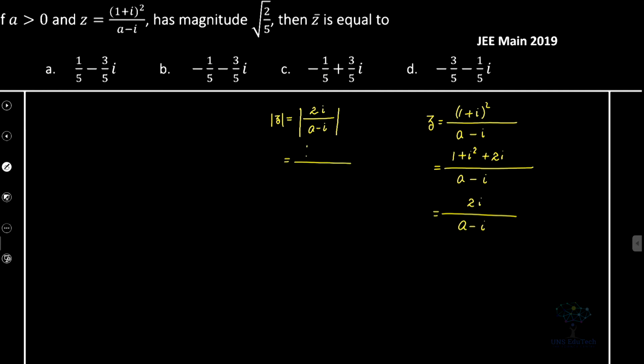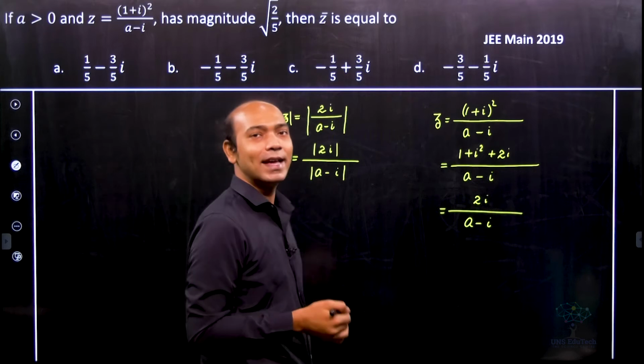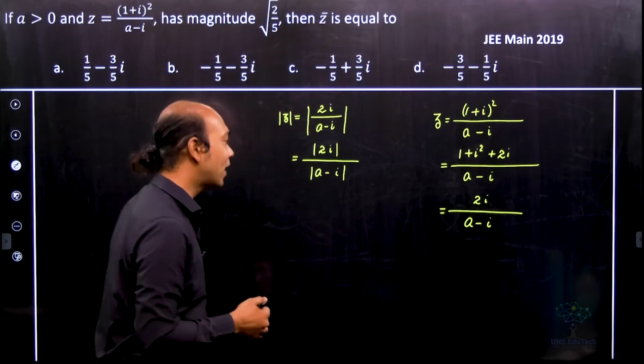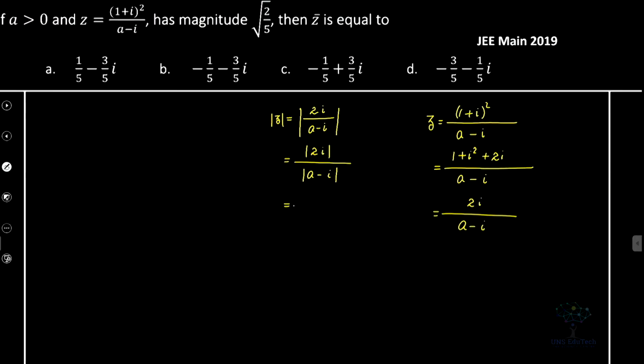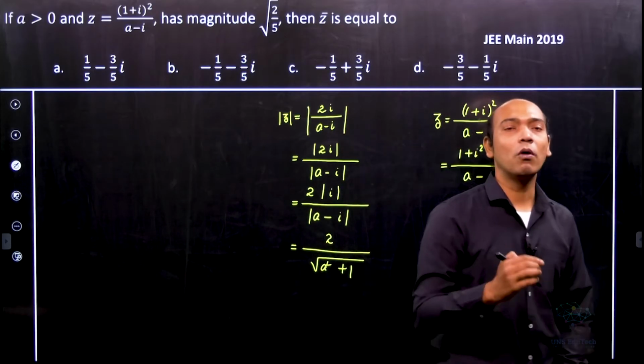So it is mod of 2i divided by mod of A minus i, and A is a real number. So now this is very easy to calculate. 2 is a constant, so 2 times mod of i, and mod of A minus i. Mod of i is equal to 1, and mod of A minus i is square root of A squared plus 1. So we calculate the mod of Z.